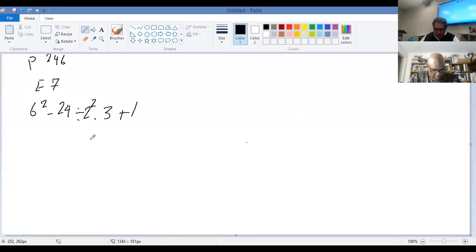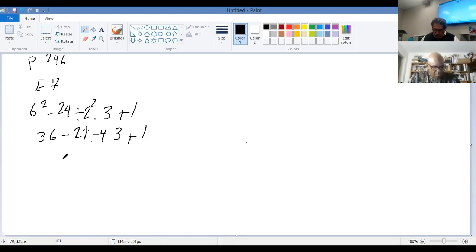Now, if you remember that rule, Please Excuse My Dear Aunt Sally, we start here with the exponent. I take care of the exponent: 6 to the power of 2 is 36, minus 24 divided by 2 to the power of 2, which is 4, times 3 plus 1. Then I perform multiplication and division from left to right.